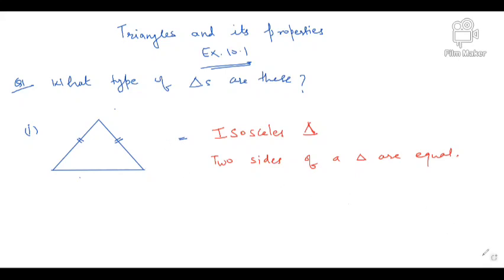Now let's come to the second part of the given question. Another triangle is given to us. Let's make the triangle first. The triangle is given like this. Here we are given that all three sides are equal. You can name the triangle ABC, XYZ, PQR, whatever you want.